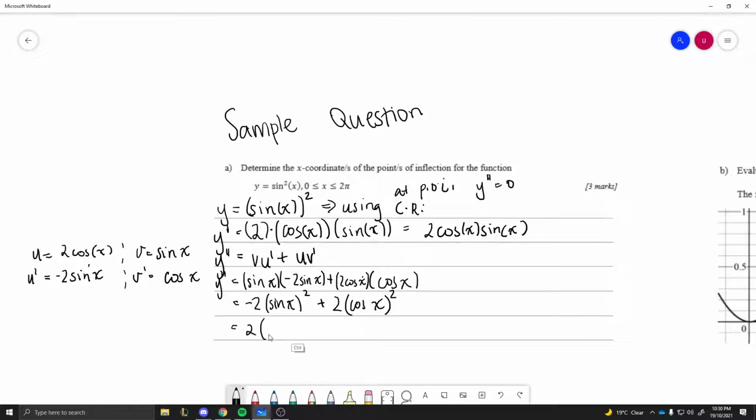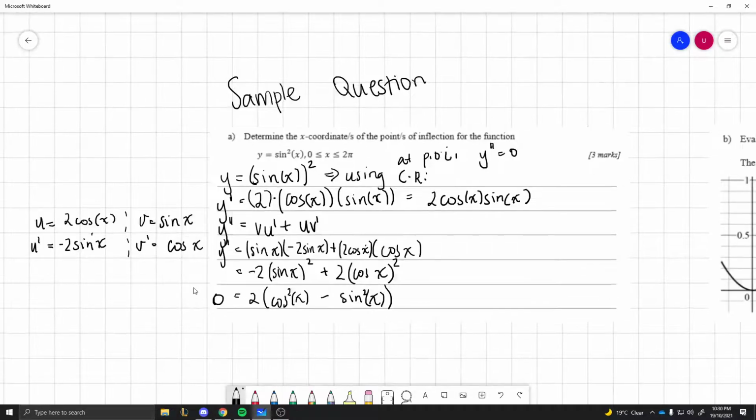Put the positive term first, so 2 times cos squared x, we'll just call it cos 2x instead of doing the squared, minus sine squared x. And this equals 0.